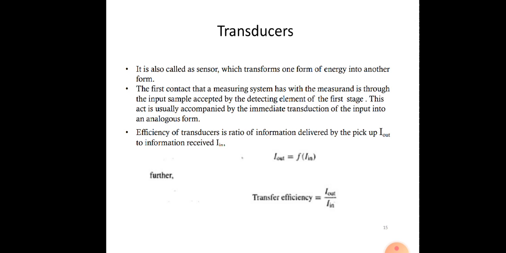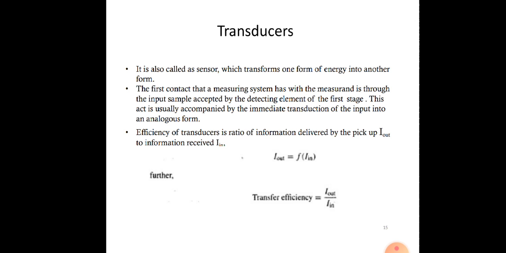Like in your generalized measurement system, we have seen the three stages: stage 1, stage 2, and stage 3. Stage 1 is only a detecting stage, where it will detect the signal from the device, and stage 2 is the intermediate stage, where it converts the signal so that it is easily readable by stage 3.